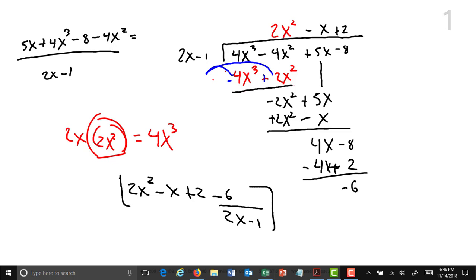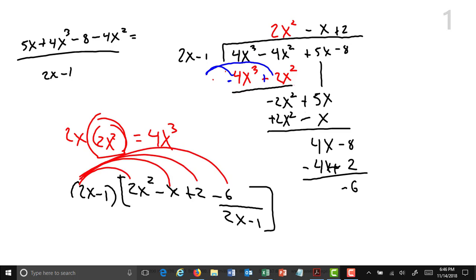If I want to check my answer, here's this plus the remainder, and if I multiply that times 2x minus 1, you would have to distribute that all the way through and see if it checks out. When you're all done, it better come out to be that.